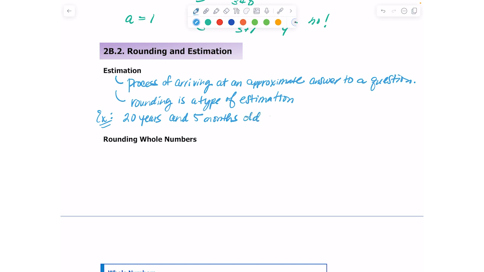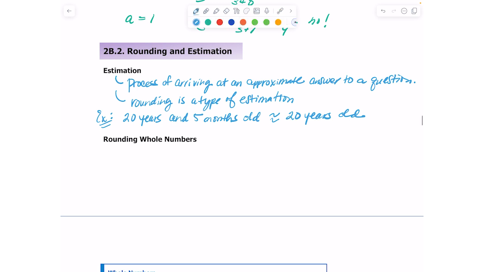I would probably round that to about 20 years old. So that's an approximation for my age. And that symbol there is the symbol for approximately equal to. So you'll be seeing that quite a bit.